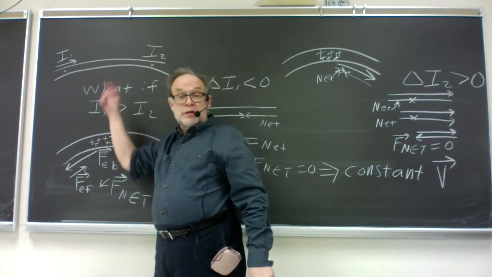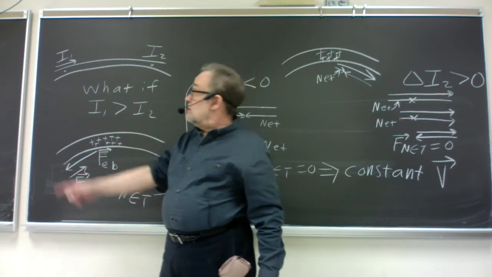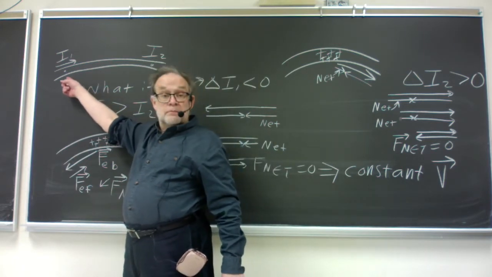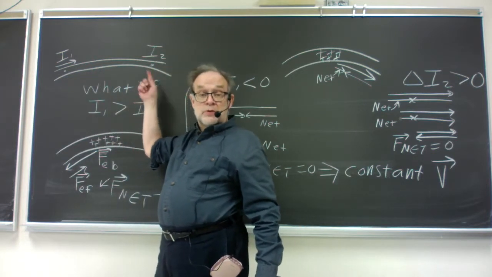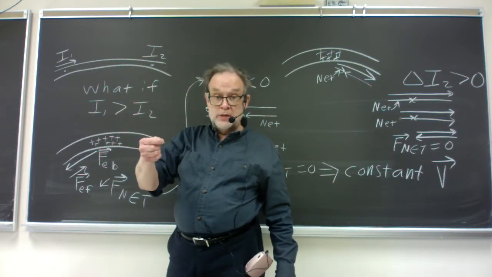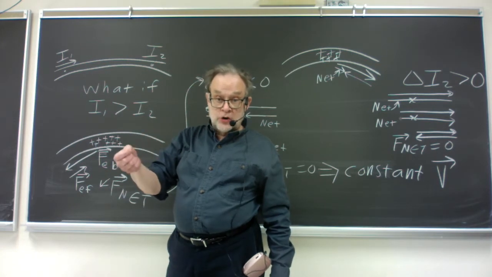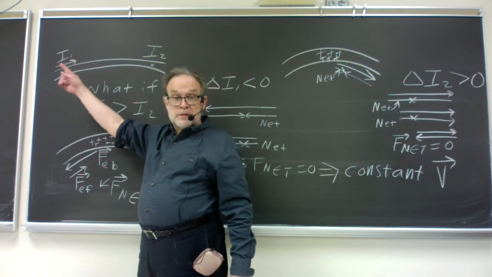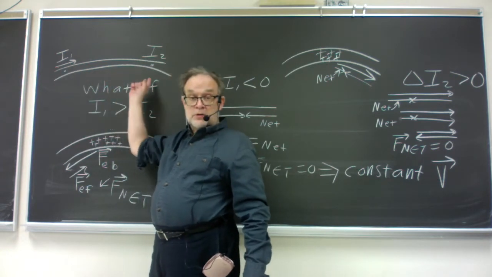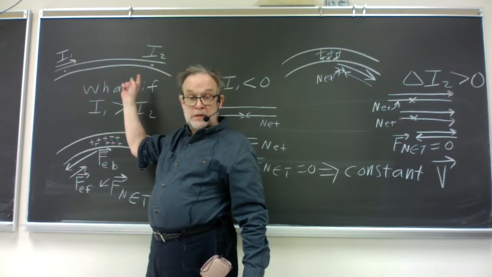I is our usual symbol for current. And say at this point there's some particular value of current. At this point there's some particular value of current. Current just means the rate at which charge flows past any particular point. Like some number of coulombs per second here, some number of coulombs per second here.